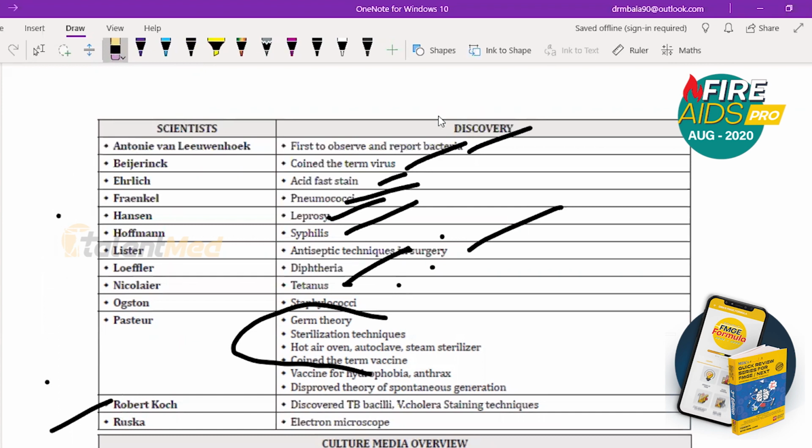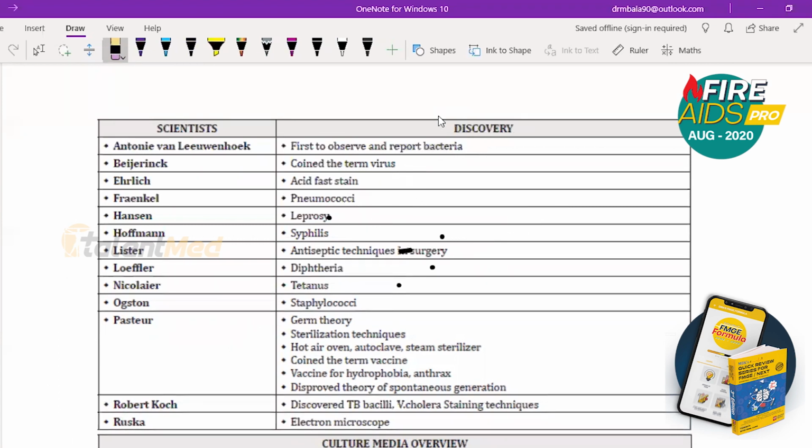But what you need to remember at the last moment during the exam are just a few of them. The first one I want you to remember is Pasteur coined the term vaccine. Very essential point. Then Hansen is for leprosy.